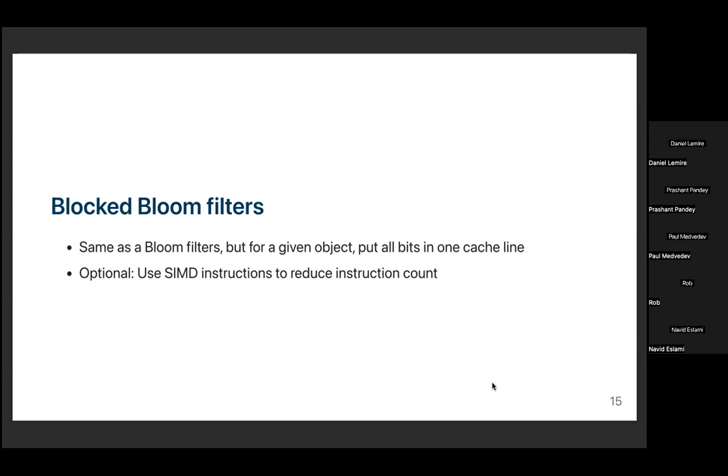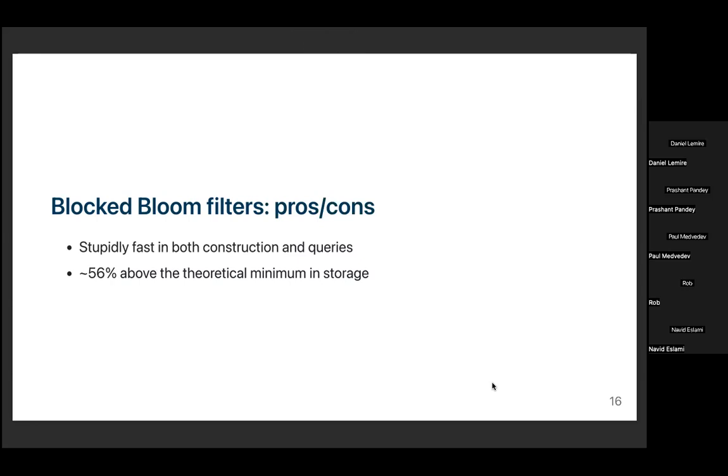What's really interesting about the block bloom filter is that there is a penalty with respect to storage. It's not as concise as a bloom filter, but it's actually not that bad. It's not going to use 3 times as much memory as the bloom filter. Of course, it depends on the size of the window. And you can use SIMD instructions to really reduce the instruction count, which can matter in some cases.